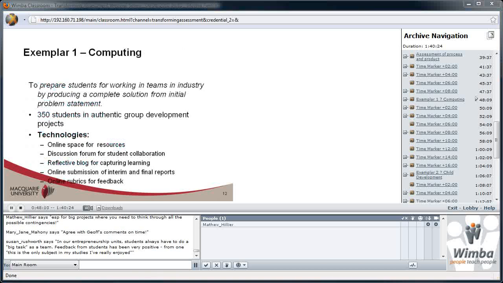Now, I'll just talk about these two. As I mentioned earlier, as part of my PhD study I was interested in how people use technology, specifically social networking tools and web tools, for supporting the assessment of higher order learning. I came across these two Capstone units, and the really interesting thing for me was the range of technology they had.